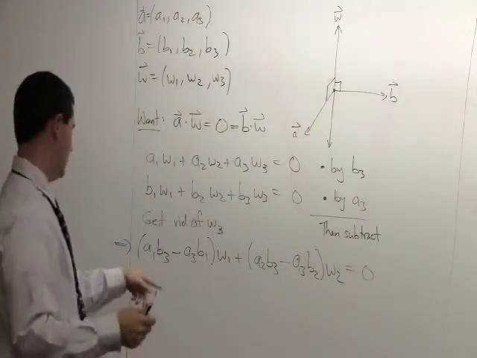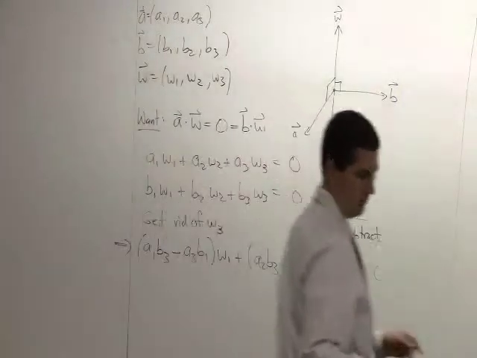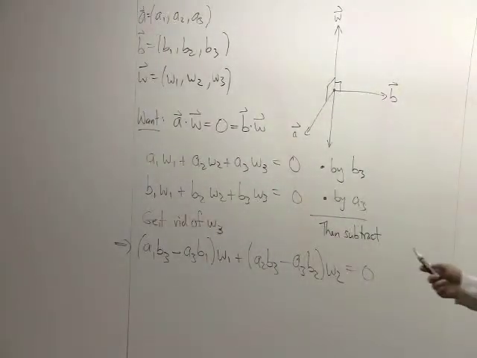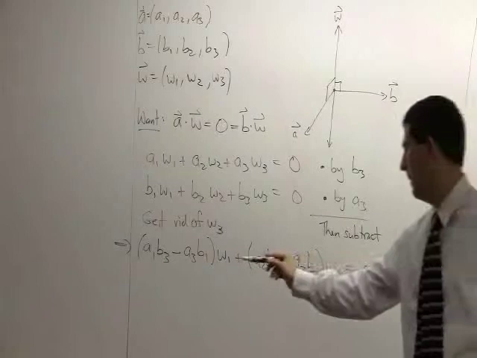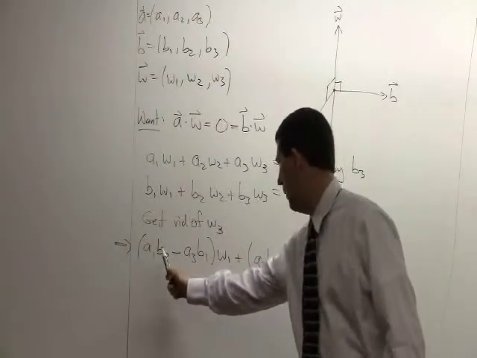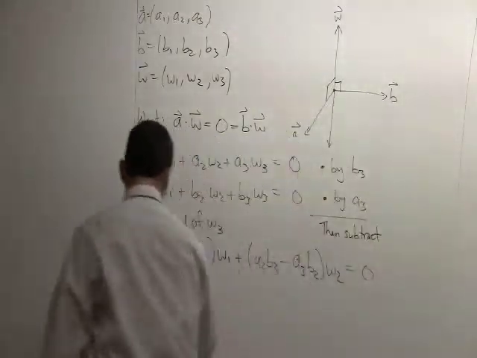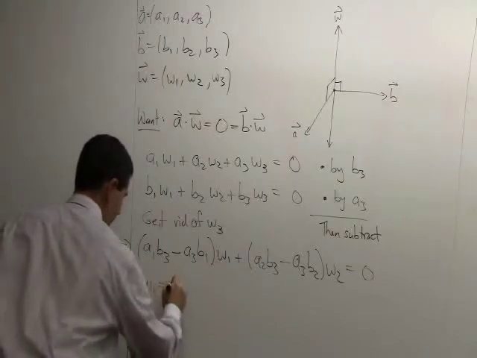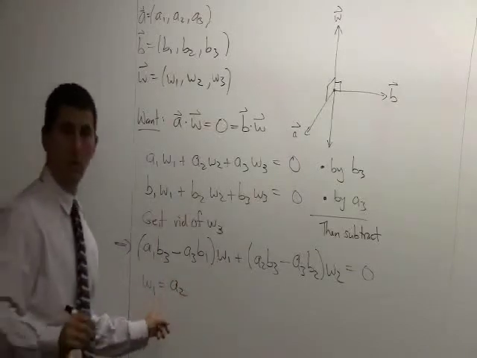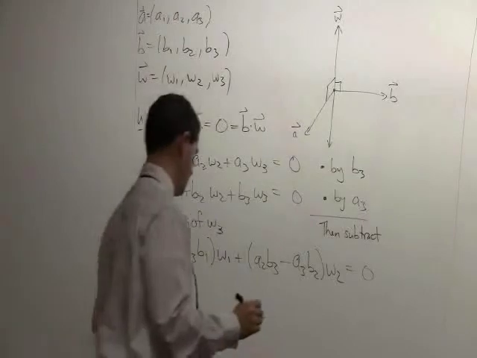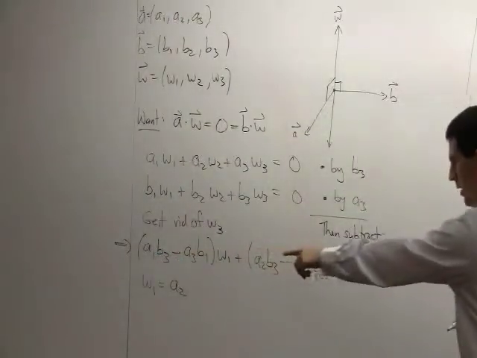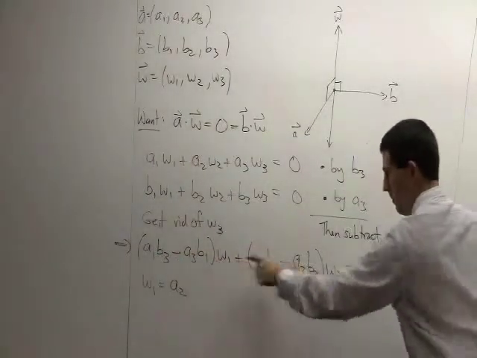So in total, it looked like I wanted an A2 for this one. What else did I want? And I wanted a B2.